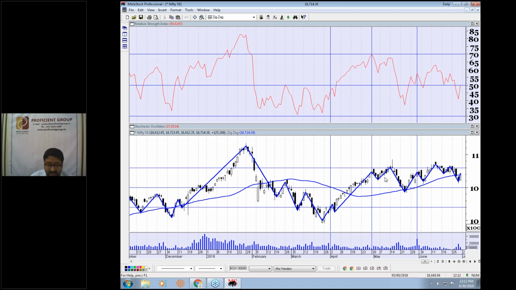How could we get definite evidence that the trend has reversed? First of all, there will be violation of an important bottom. This violation of a bottom will terminate the series of higher bottoms. There will be no series of higher top, higher bottom formation. So that will be the first evidence. Second is that an important moving average will be broken.